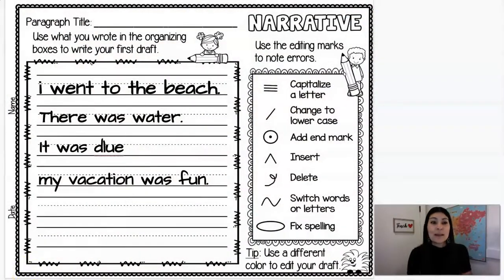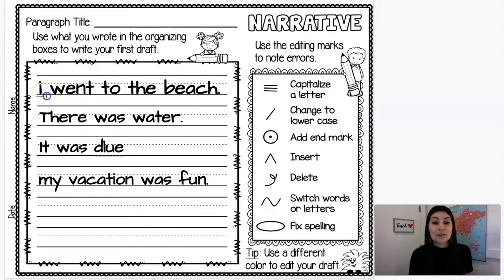So I'm going to look at my paper and I'm going to get a pen. I would like you to get a different color crayon or a marker or a pen, something that is not the same color as the pencil you wrote in. So I'm going to use a pen and I'm going to look for anything at the beginning of my sentence. I'm going to say, do I have a capital letter? Uh-oh, I see that I have a lowercase I. So what I need to do is tell myself that I need to put a capital letter, so I'm just going to put 3 lines under it.